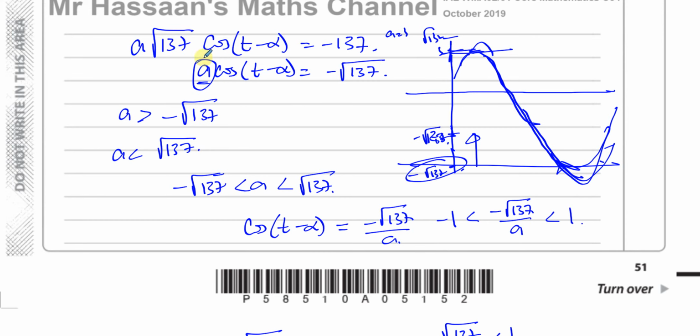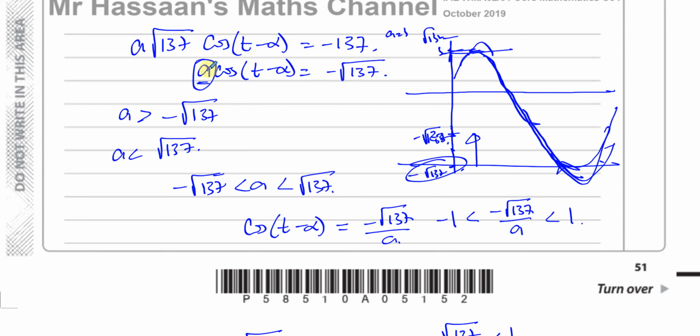This is like the stretch factor for the cosine curve, and whatever the magnitude of this is, that will be the highest value it reaches and the lowest value it reaches. If the magnitude of a is the same as root 137, then it's going to be touching the curve, and if the magnitude is bigger than the square root of 137, then it's going to actually cut through the curve as well.